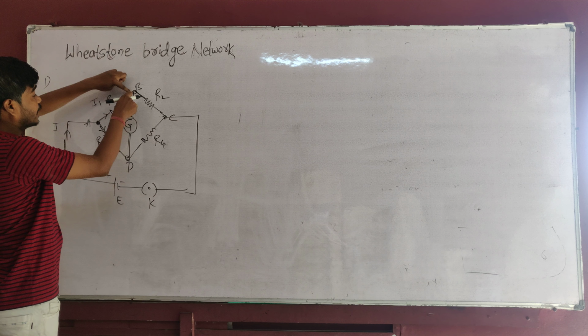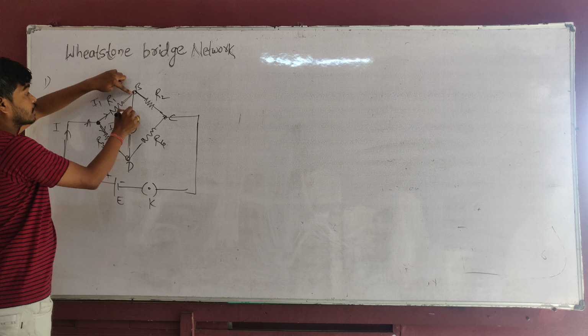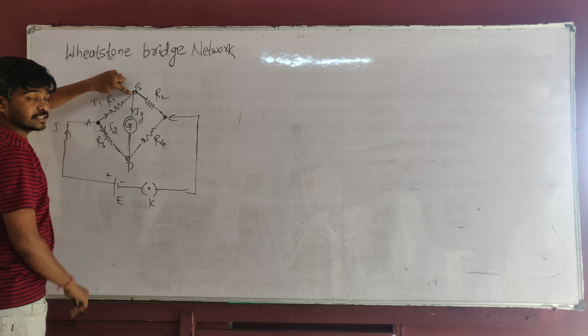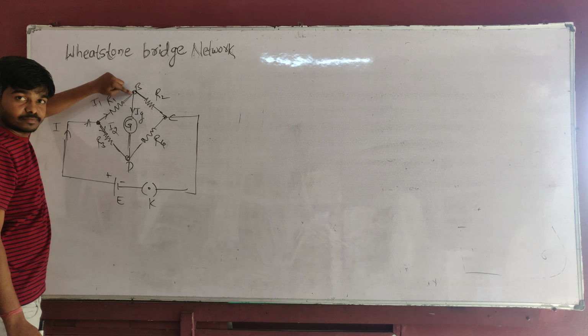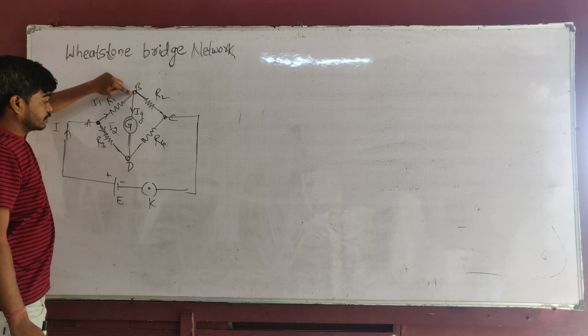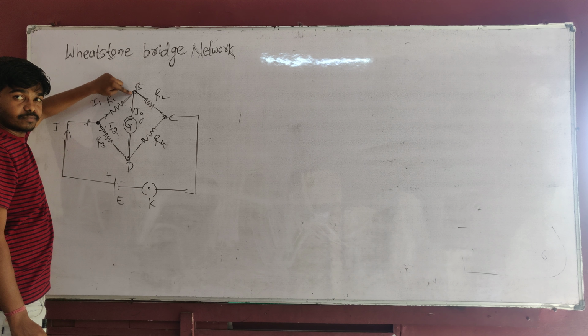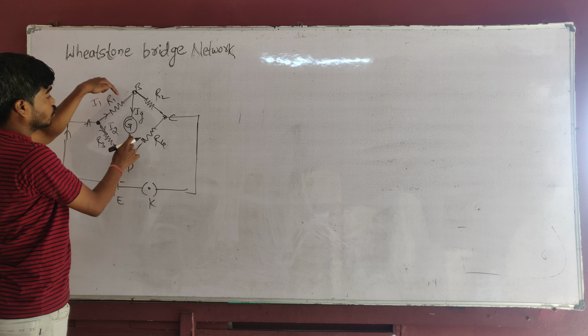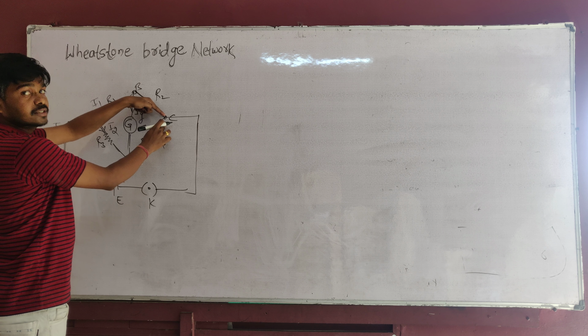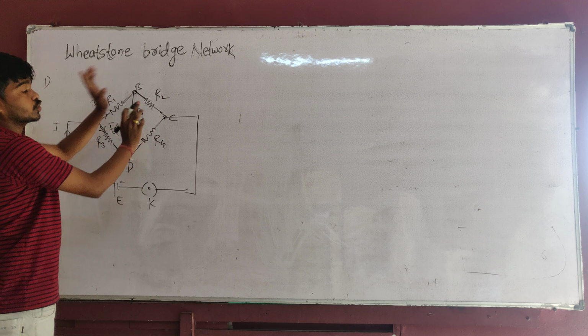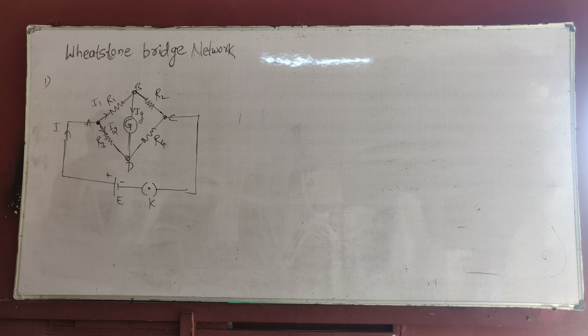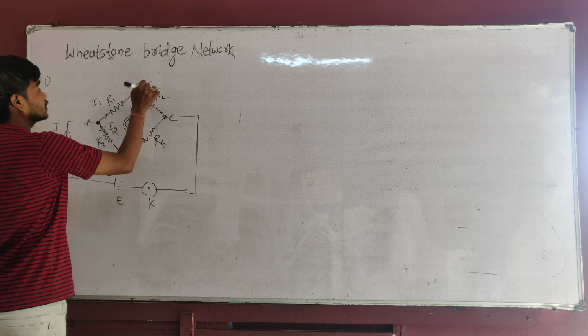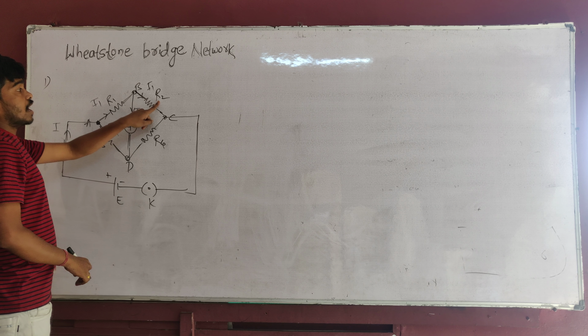Some current can be divided through the galvanometer, so that current flowing through the galvanometer is Ig, like that, and then current flowing towards the point C, which is as shown in the diagram. Means here is current flowing through this R2 is I1.